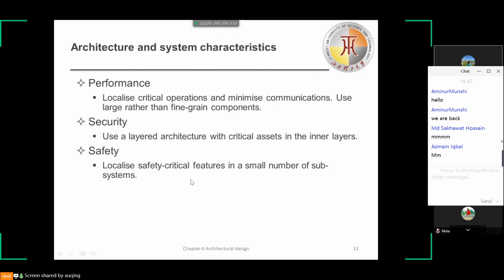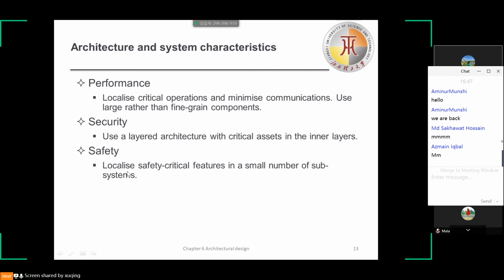A third characteristic is the safety. If safety is a critical requirement, the architecture should be designed so that safety-related operations are all located in either a single component or in a small number of components.